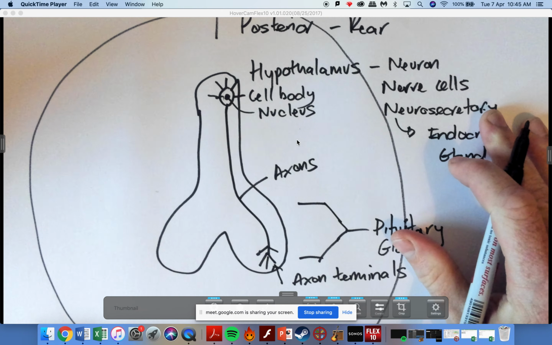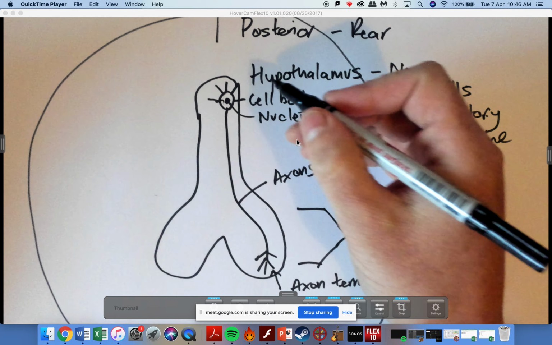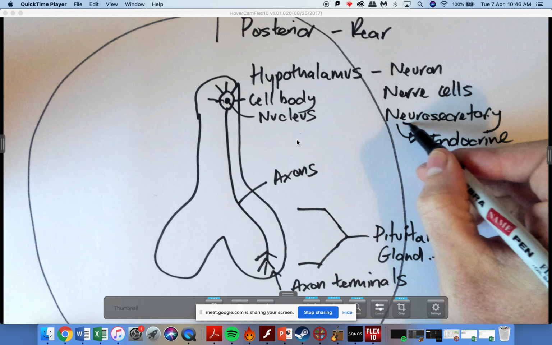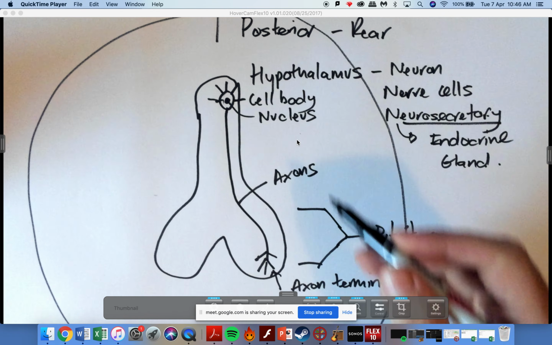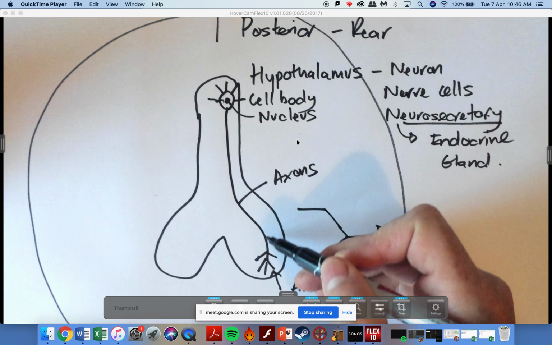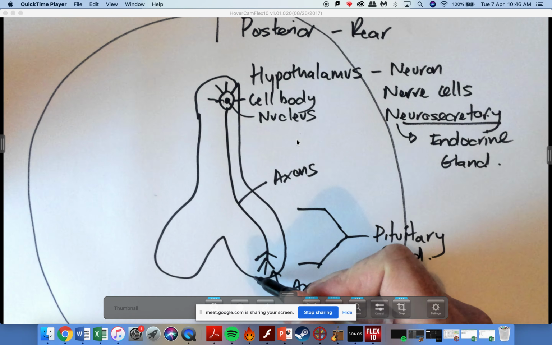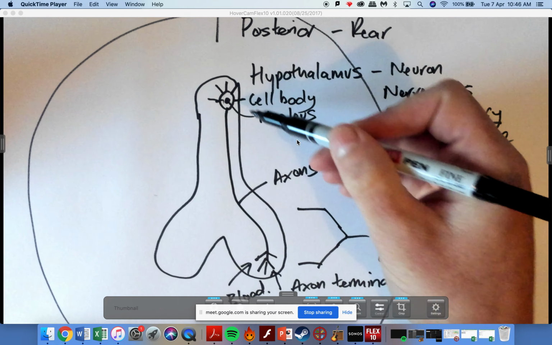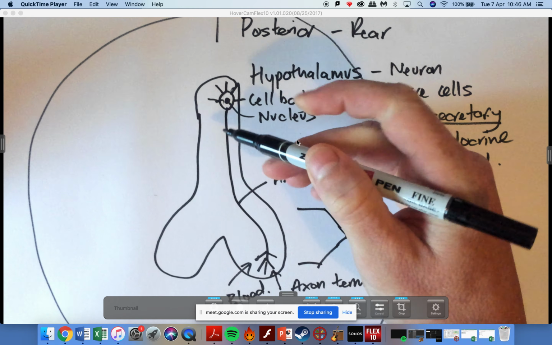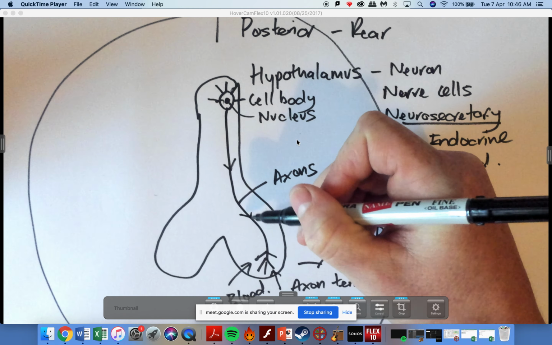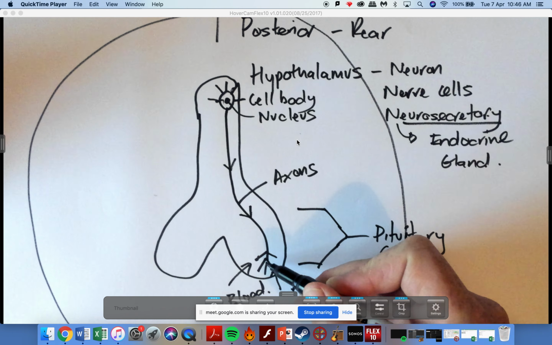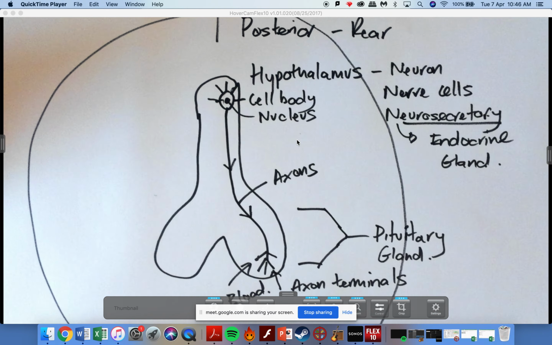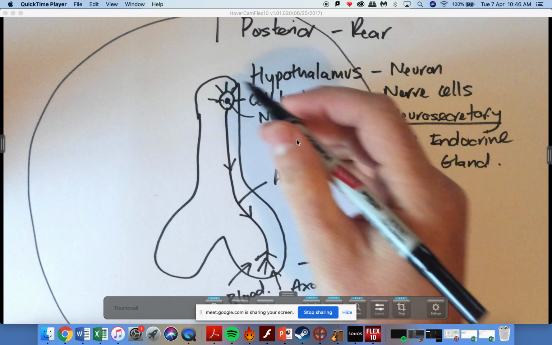The posterior pituitary has these neurosecretory cells, and they create the hormones and then release them into the blood here. So it's created here, all the hormones travel inside the cell all the way down, and then they get released into the blood down there.